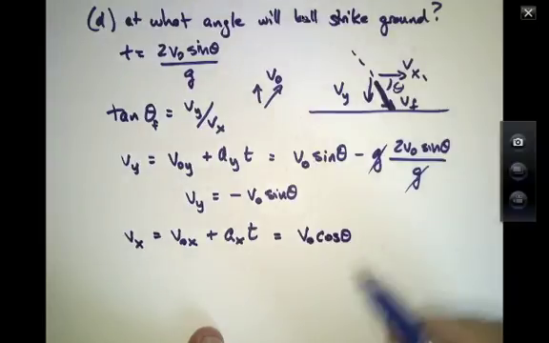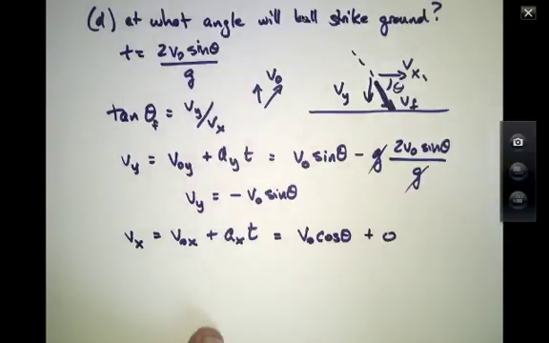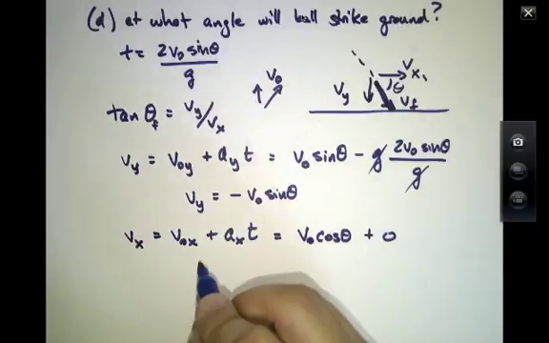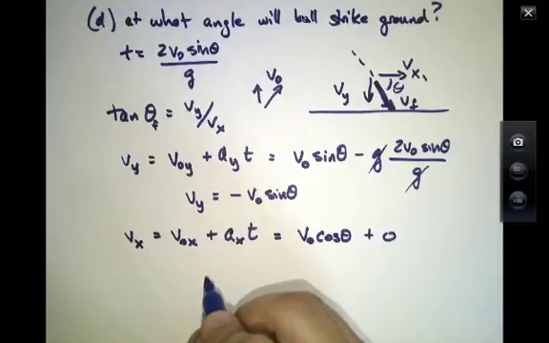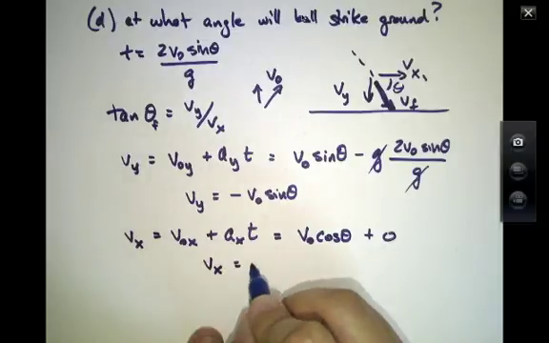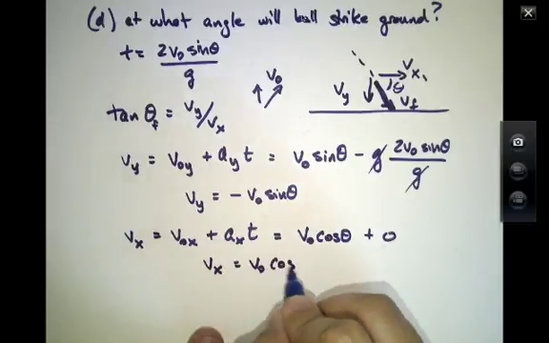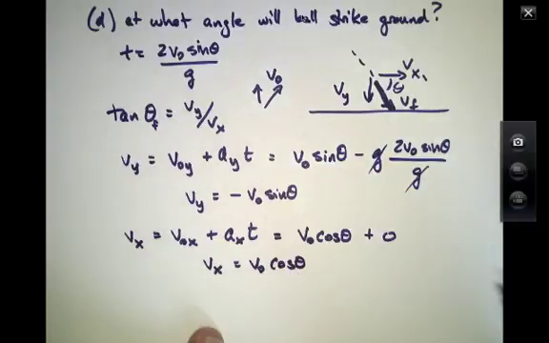And there's no acceleration in the x direction, so the second term is 0. And this just says that Vx when the ball lands is V naught cosine theta. It's the same as it was at the very beginning of the ball's path, which is fine because it's just moving at constant speed in the x direction.